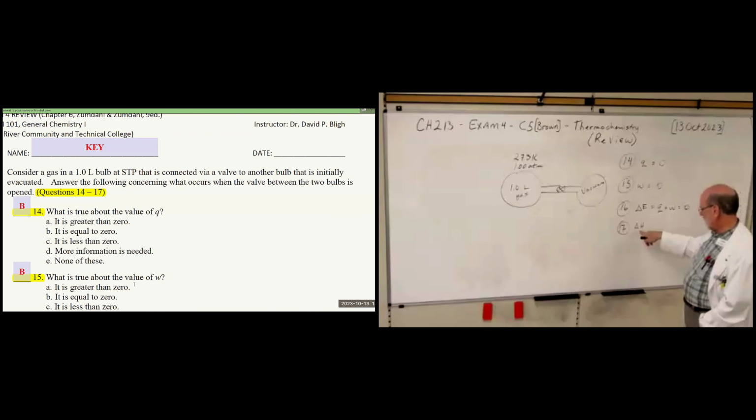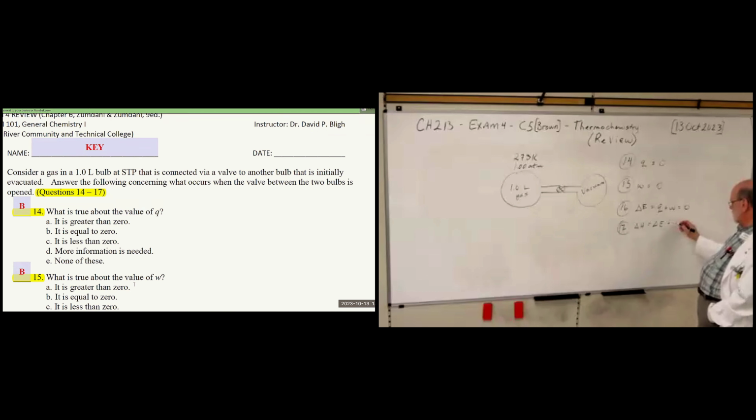Now, delta H can be written this way, plus V delta V. Let's see. This is the one that always gives me trouble.